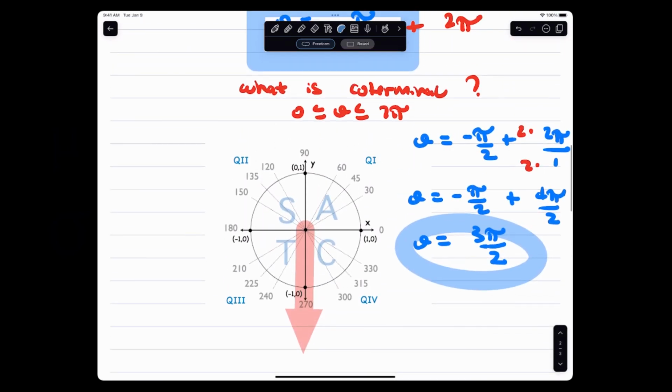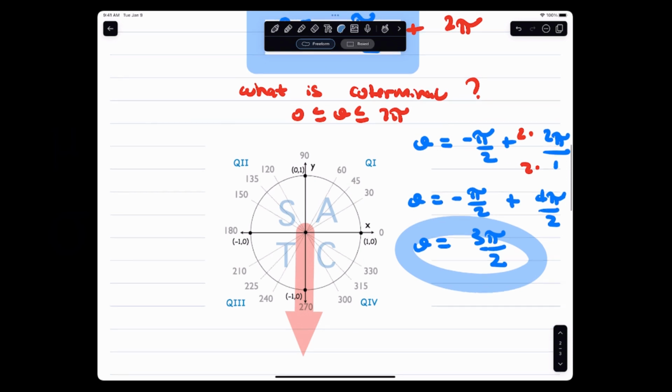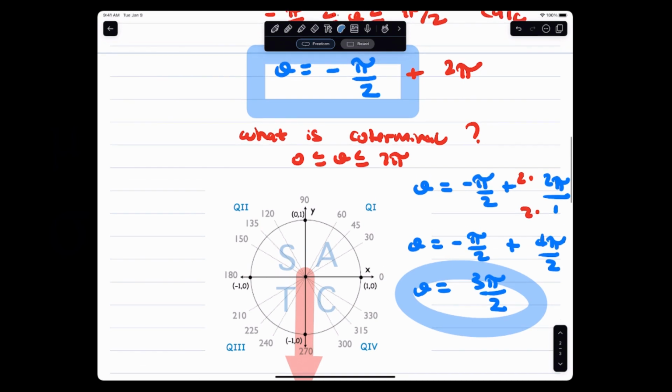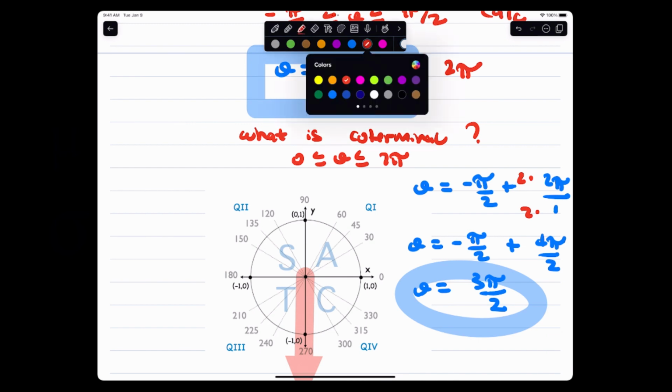Coterminal. Remember when you're trying to find an angle that's coterminal, you add 360?